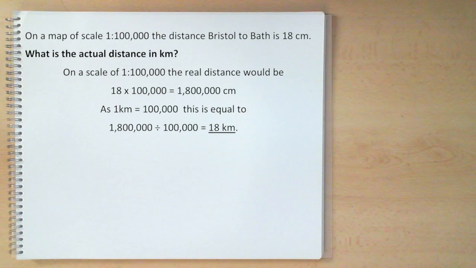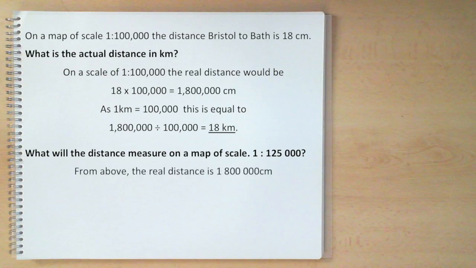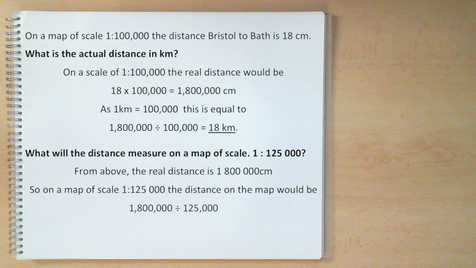What if we wanted to redraw our map so that it was on a scale of 1 to 125,000? How far would that 18 kilometres be then? From the information above, we know that the real distance is 1,800,000 centimetres. So on a map of scale 1 to 125,000, we would have to do the sum 1,800,000 divided by 125,000.